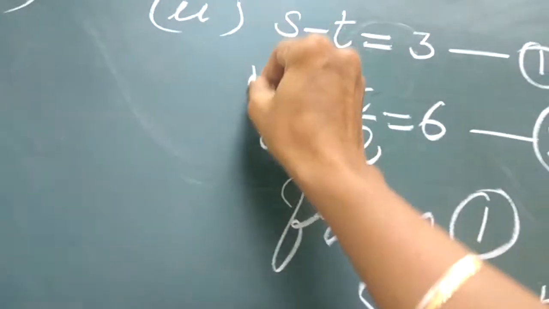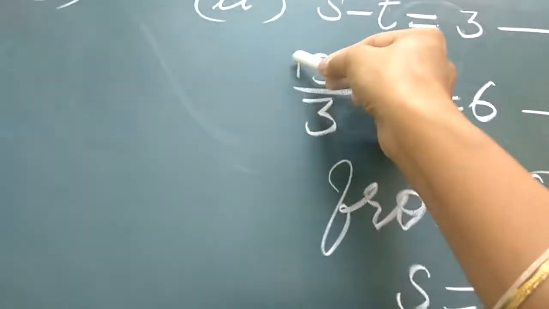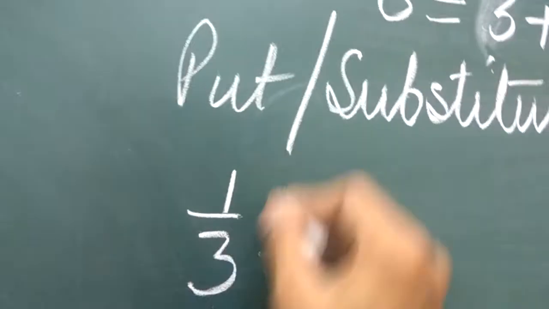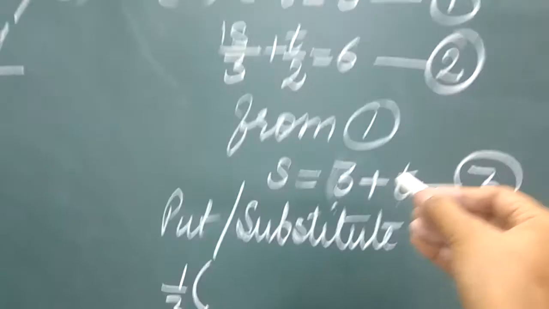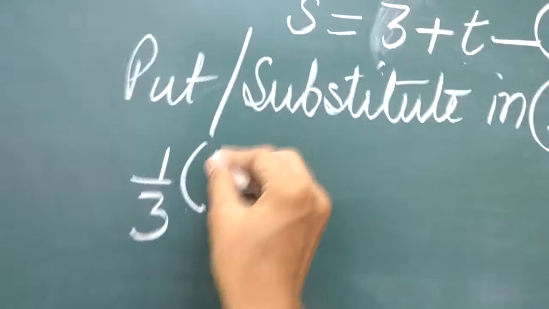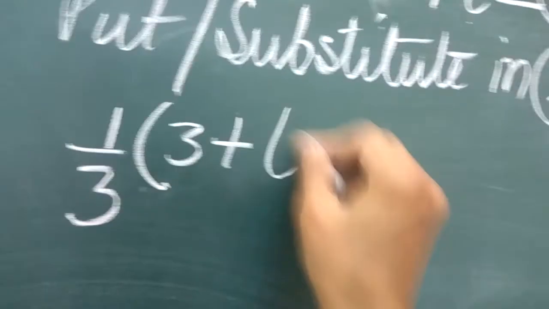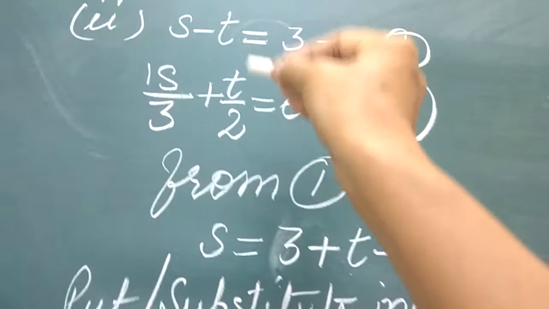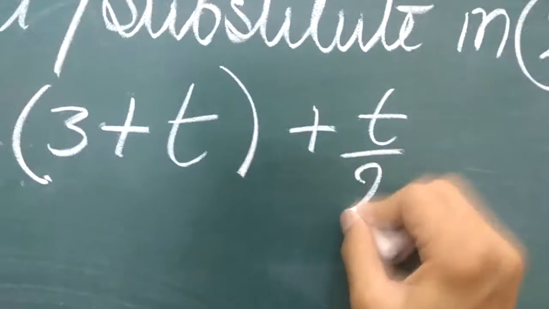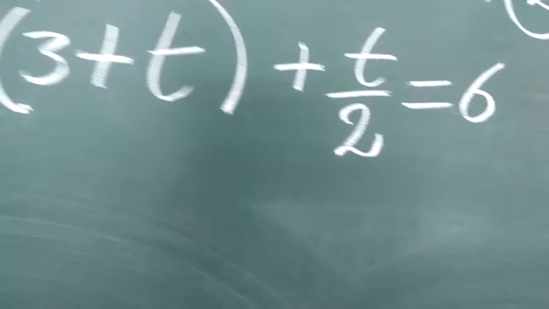If no coefficient is there, that means 1 is there. So 1 by 3 is multiplying, so we'll write it as 1 by 3. We'll put a bracket to put the value of s here. s is 3 plus t, so we'll write 3 plus t, then plus t by 2 is equal to 6, right?